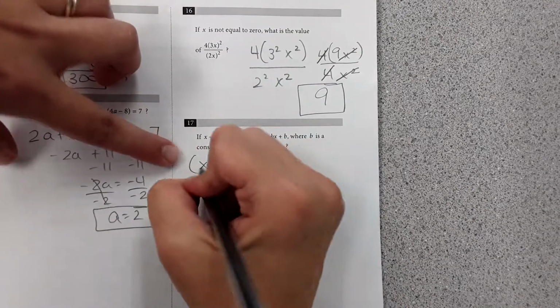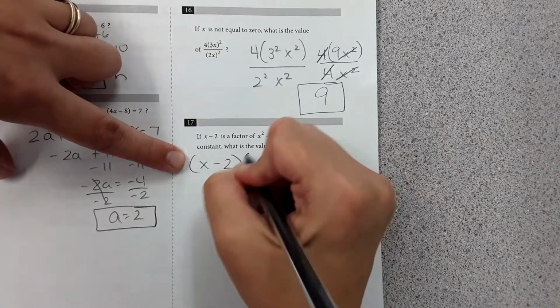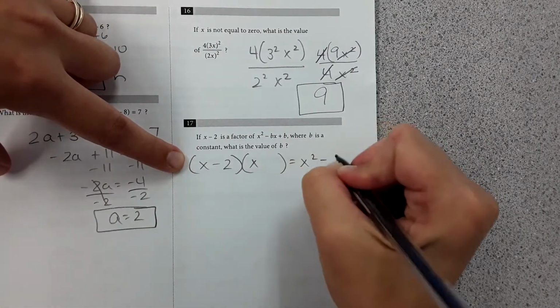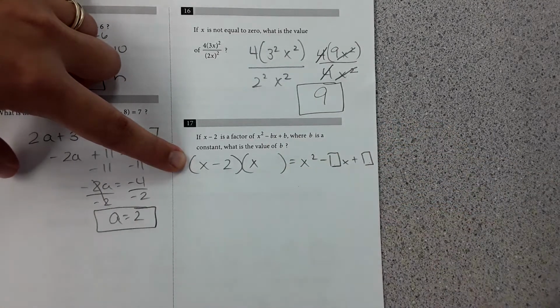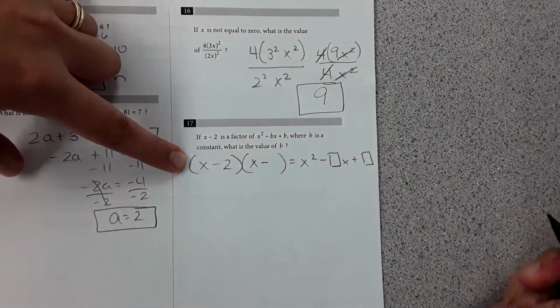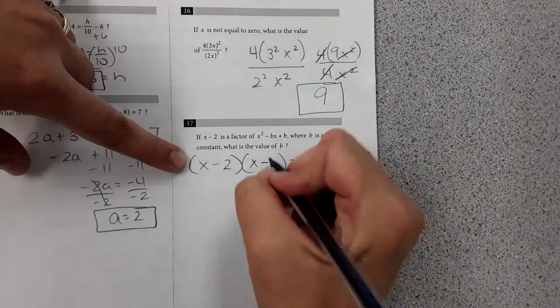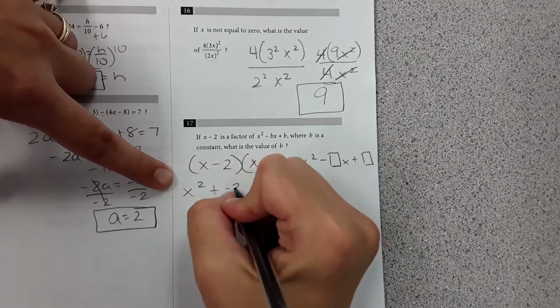17, if x minus 2 is a factor of this, where b is a constant, what is the value of b? Well, let's set this equal to this. What goes in the box has to be the exact same number. I noticed that this last term is positive, so I need a subtraction symbol here. We're going to use guess and check, so I'm going to guess a wrong answer first just to show you what would happen.